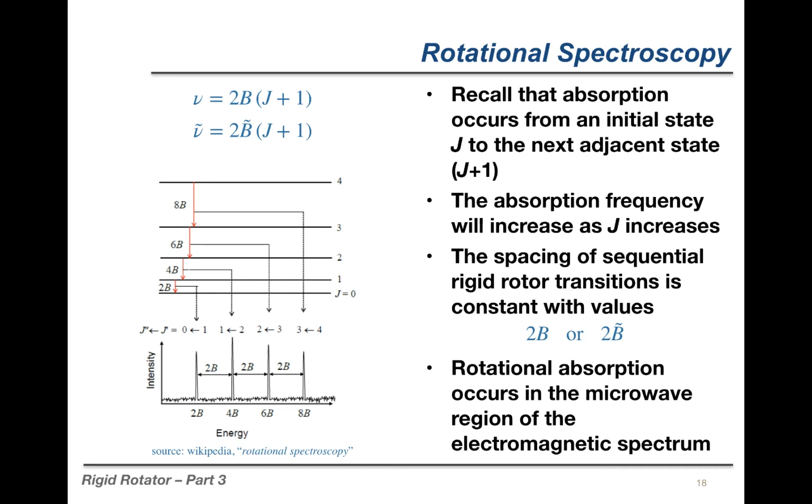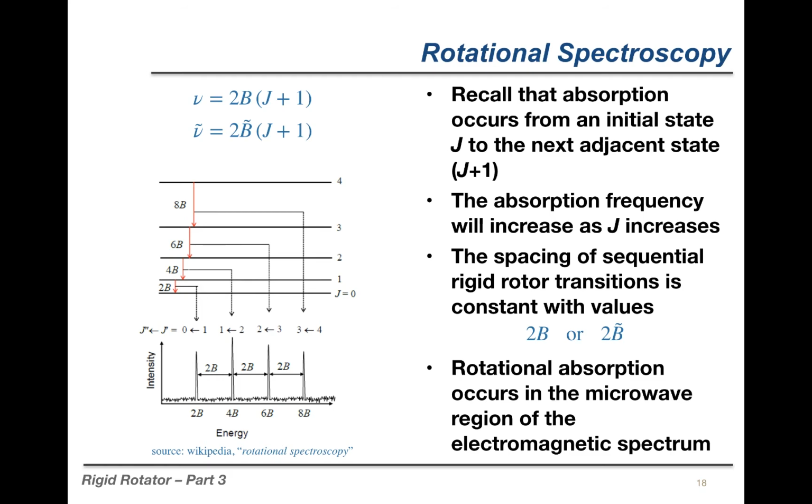As a result, if we collect a rotational spectrum of our molecule, which initially will be in some number of initial J states, we'll get a set of lines in our spectrum, and just measuring the distance between those lines tells us about B.